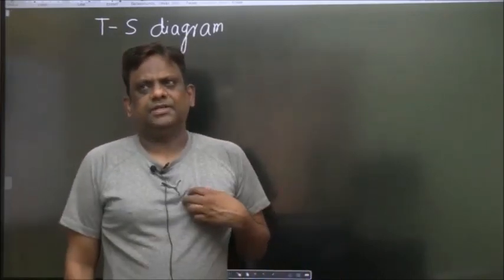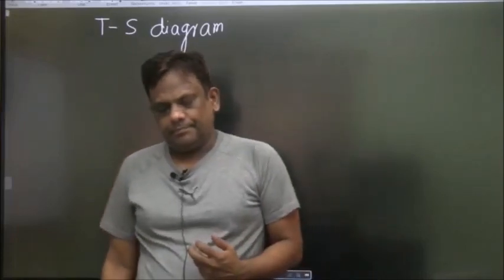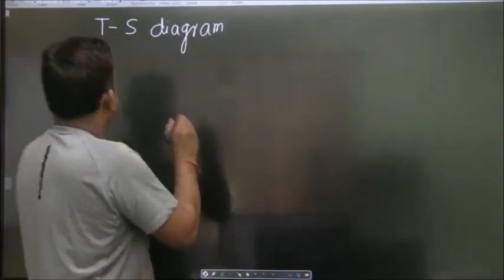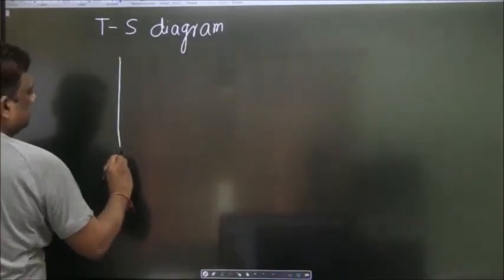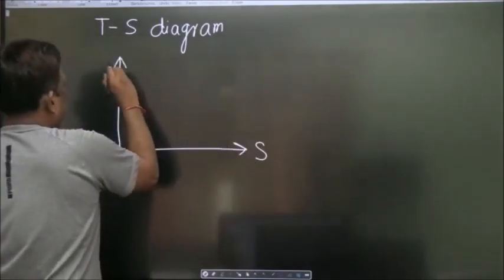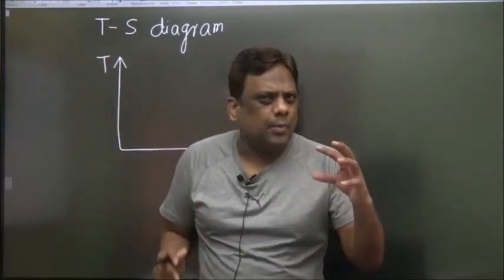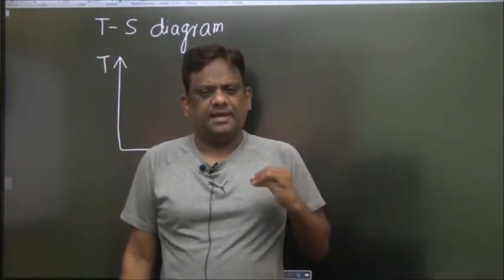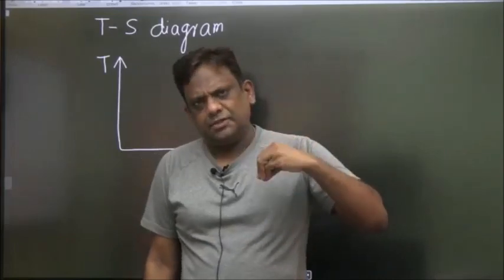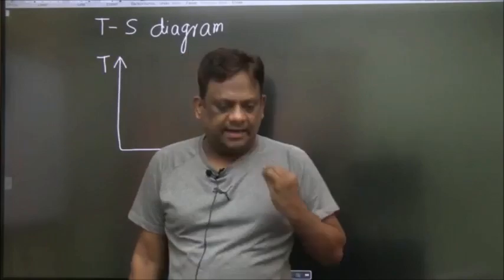Let's see what a TS diagram is. We have already seen the PV diagram. Now here, the temperature is taken on the y-axis and entropy is taken on the x-axis, and now we start trying to represent our cycles or processes on the TS diagram.